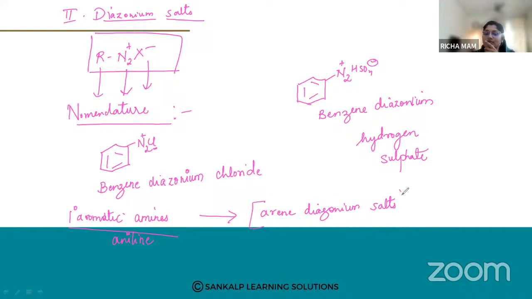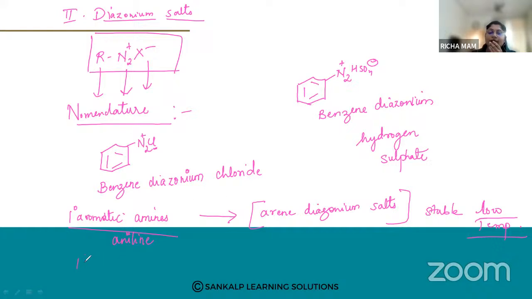So these arene diazonium salts, they are stable at what temperature? At a low temperature. We have seen this, right? The condition is that whenever we have a primary aromatic amine, it can be converted into arene diazonium salt, and these are stable at low temperature.